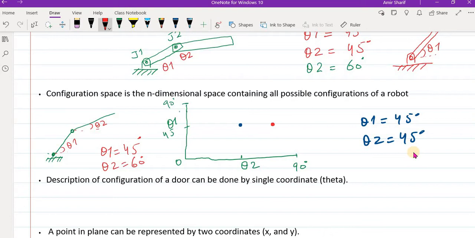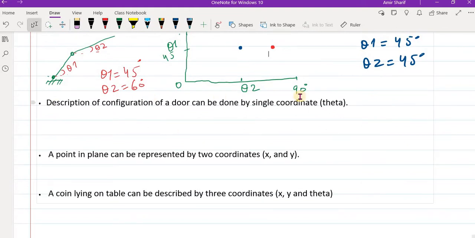So this is what is called the configuration space, and it has all possible configurations, from theta 2 0 to 90 and theta 1 also 0 to 90, all possible combinations of theta 1 and theta 2. I hope this is clear now.